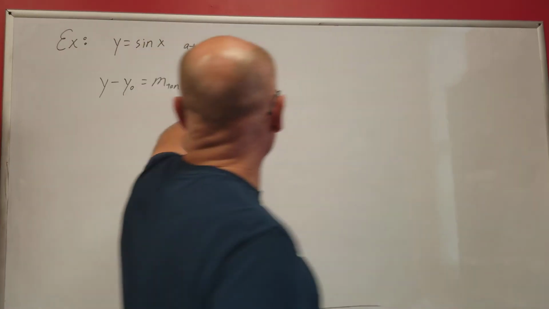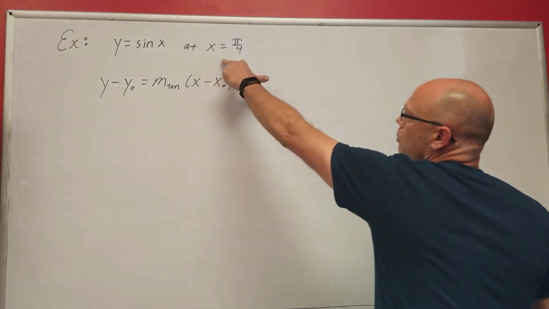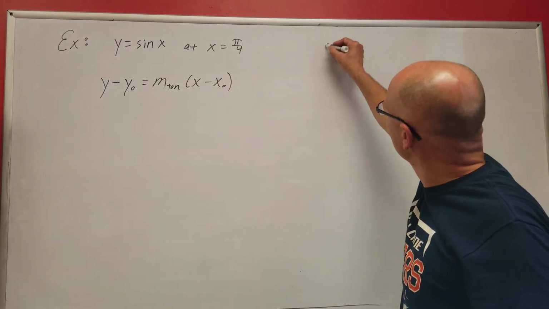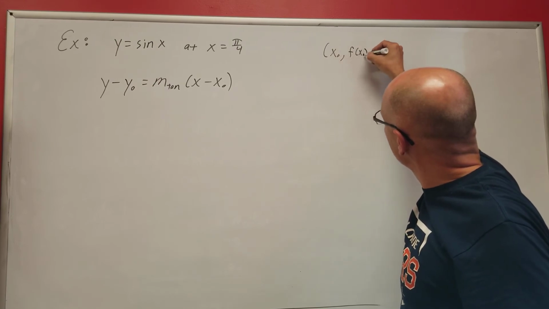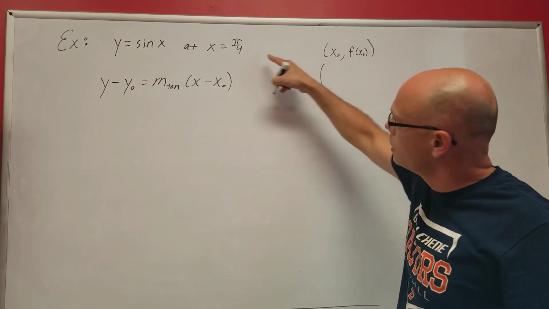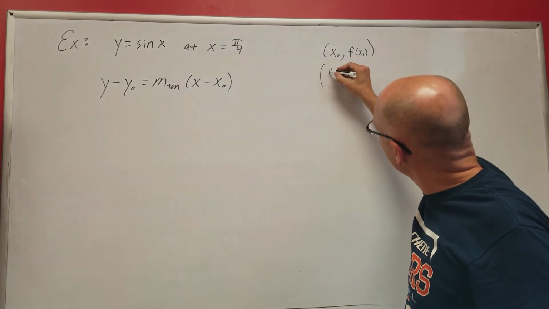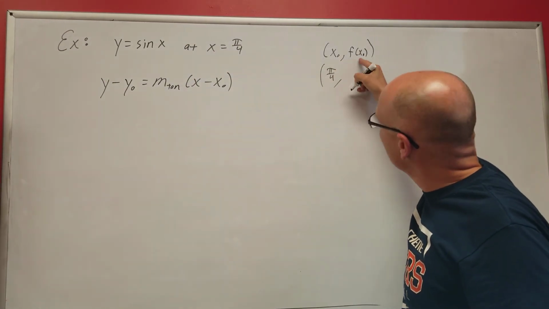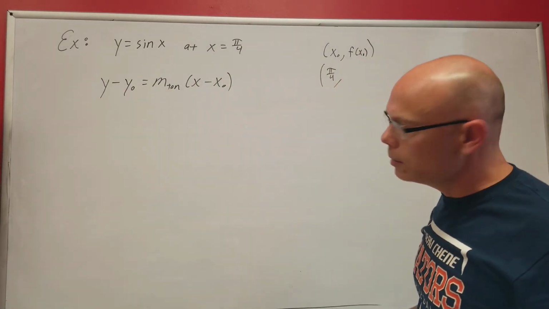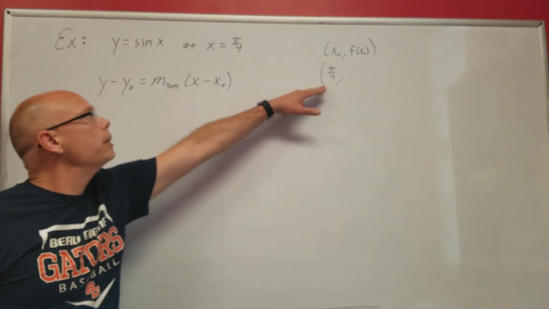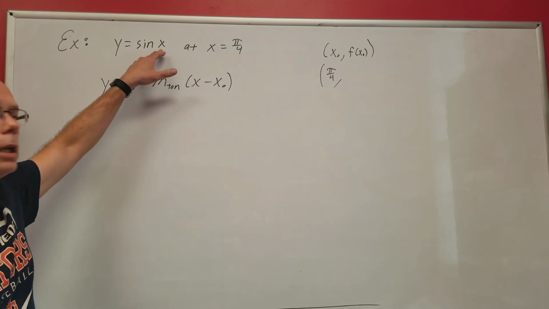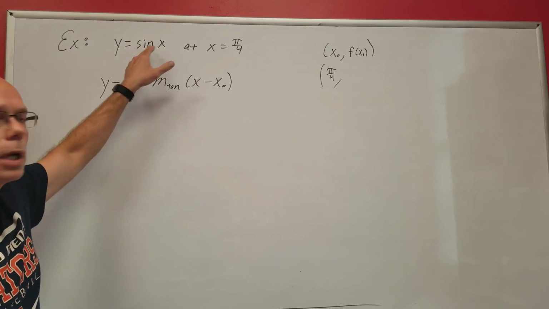What was x subscript 0? That was the point they gave you, right? So x subscript 0, f of x subscript 0. We know x subscript 0 is that particular x value they give you, pi over 4. What's f at x subscript 0? That would just be subbing in pi over 4 into here and calculating. What's the sine of pi over 4?